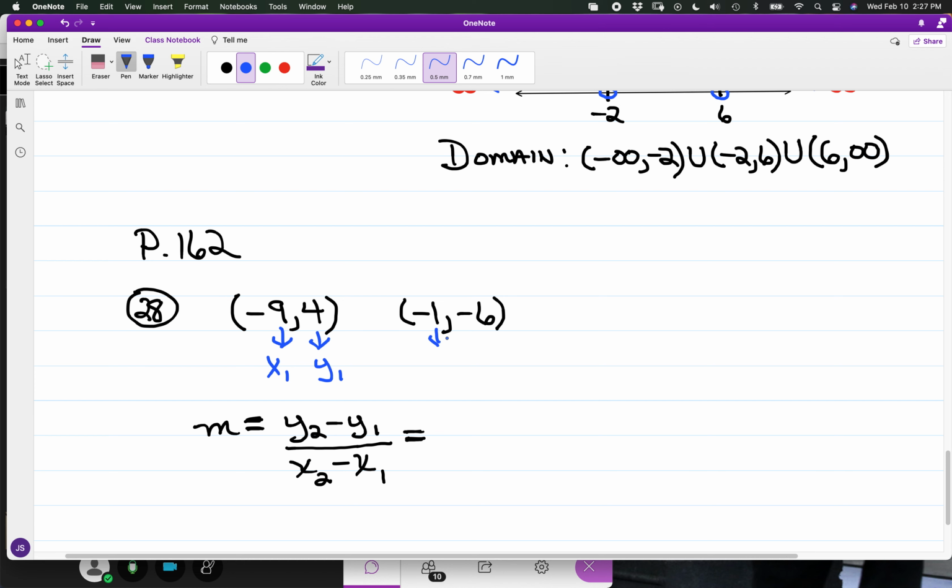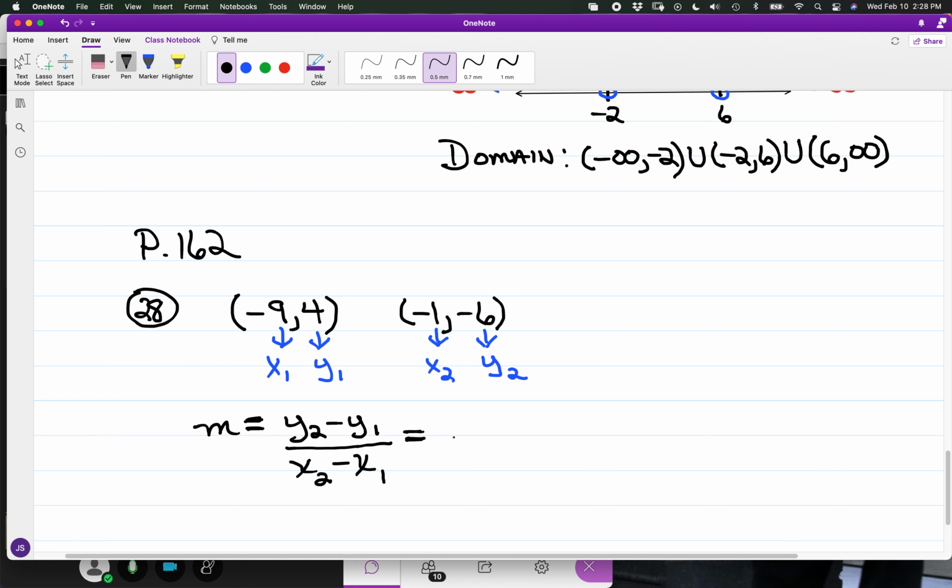Since -1, -6 is given subsequently, let's say we have x2, y2. You can identify your first and second sets however you want. If I had -1, -6 as x1, y1 and -9, 4 as x2, y2, you're still going to get the same outcome.